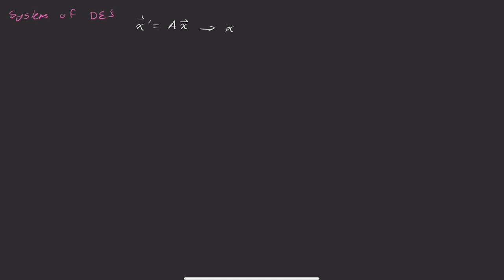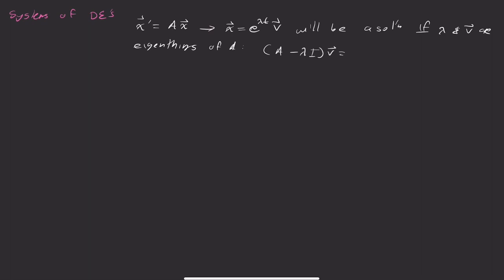And we can get solutions for x using e to the lambda t times our vector v. This will be a solution if and only if lambda and v are eigenthings of A, essentially, that they solve the equation A minus lambda I times vector v is equal to the zero vector.